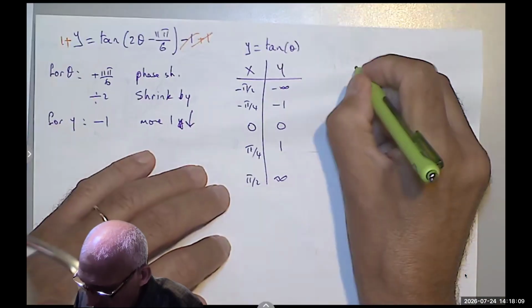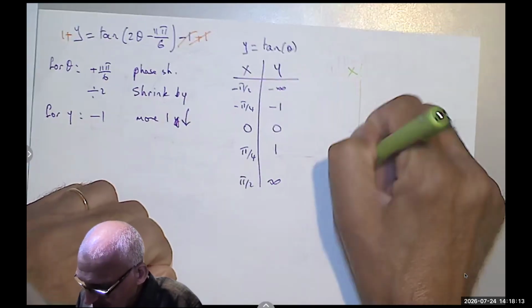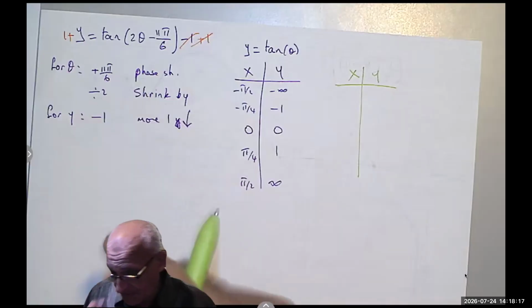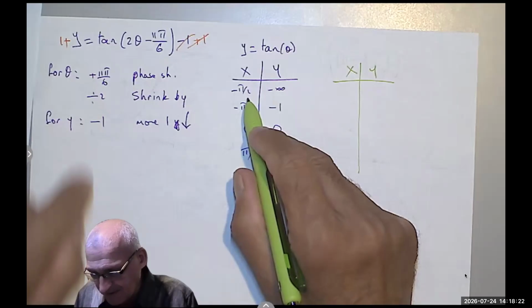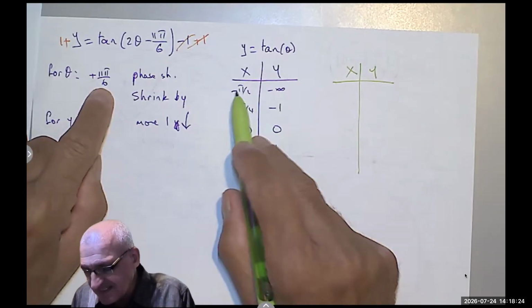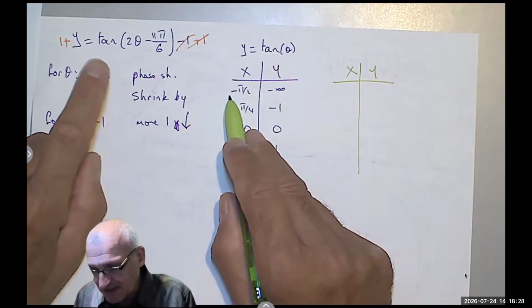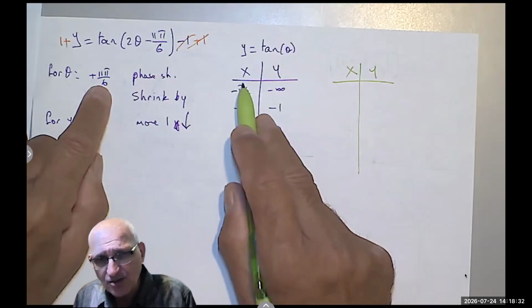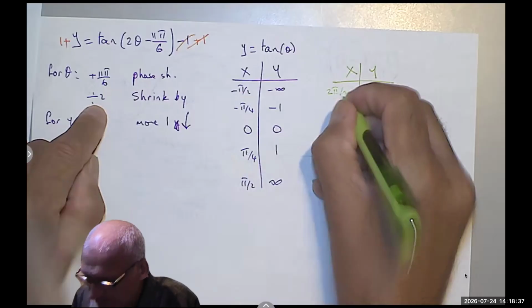Here is my table for my function. I'm going to add 11 pi over 6 and then divide by 2. This is negative 3 over 6. So when you add 8, you get, I'm sorry, you add 11, you get 8 pi over 6, which is 4 pi over 3. You divide by 2, you get 2 pi over 3.